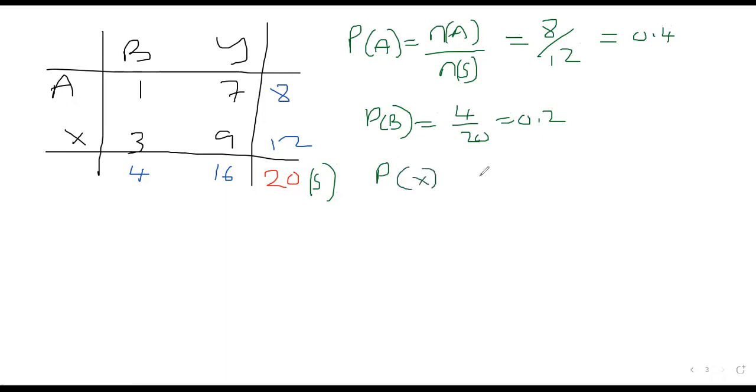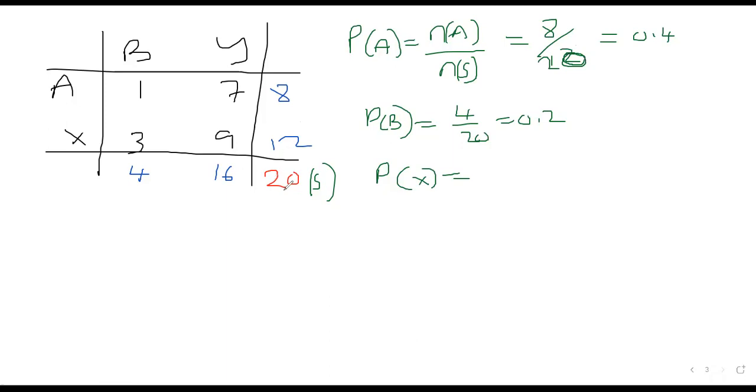Wants to try? I have a question. Yes, please. On the one for probability of A, you used 12 on sample. How come for probability of B you're using 20?